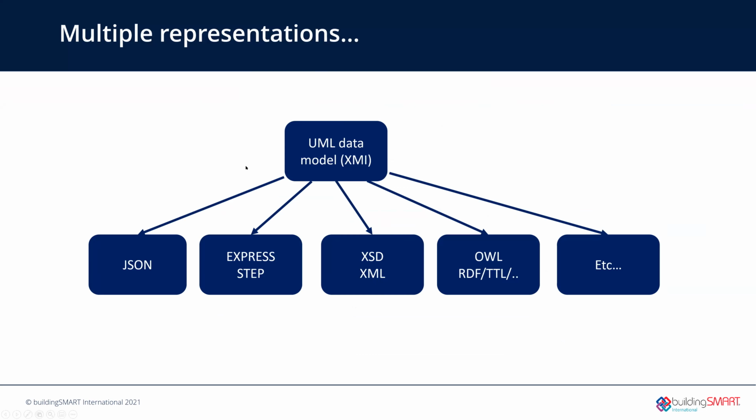And from that core UML model, plus some additional documentation and constraints, we are generating a JSON schema, an EXPRESS schema to exchange data in STEP files, an XSD, an IFC OWL, and potentially others as well. There are also experiments with HDF5, etc. So this is kind of the ultimate picture. We have a data model, and you can represent it in multiple different ways.